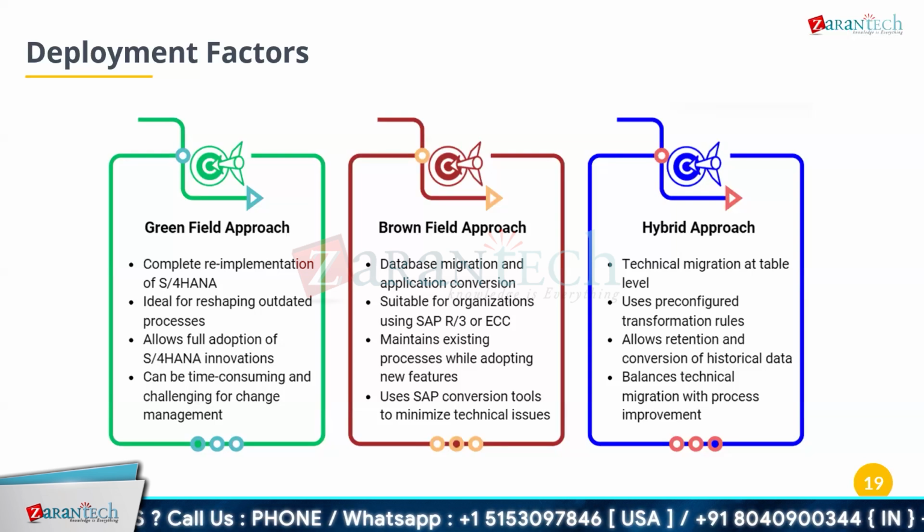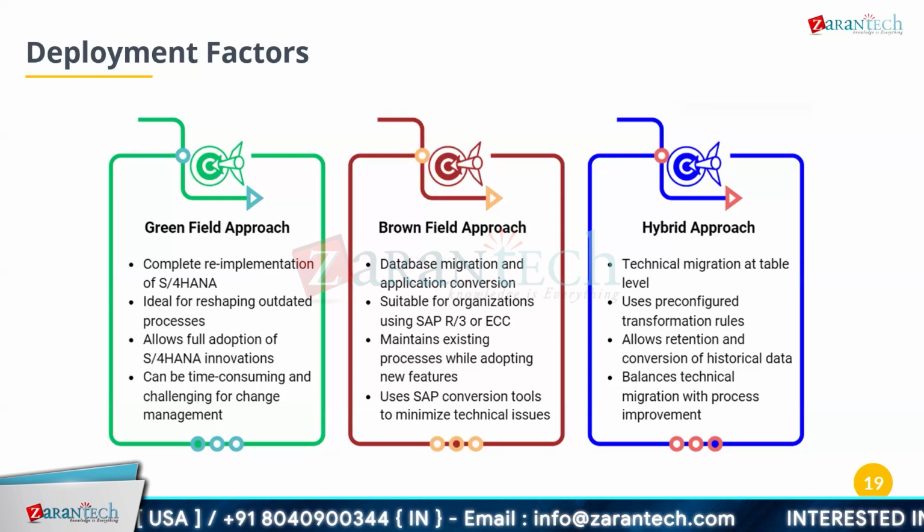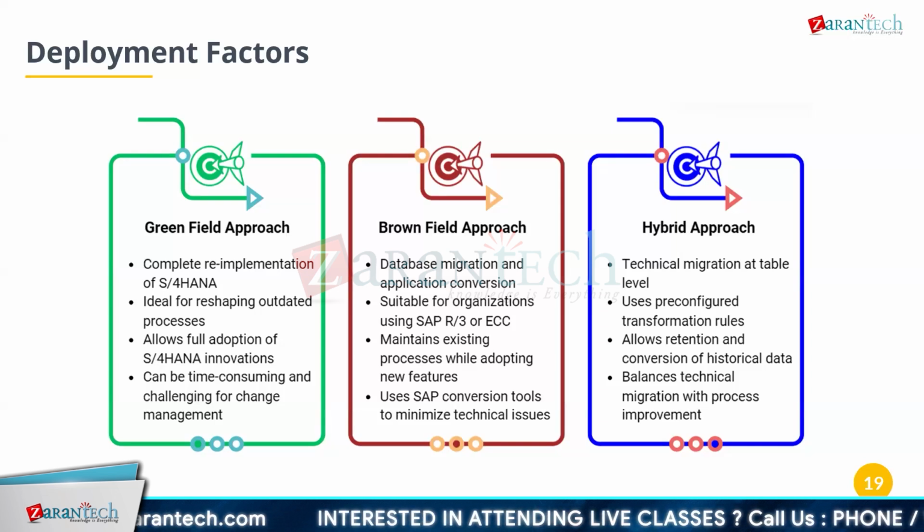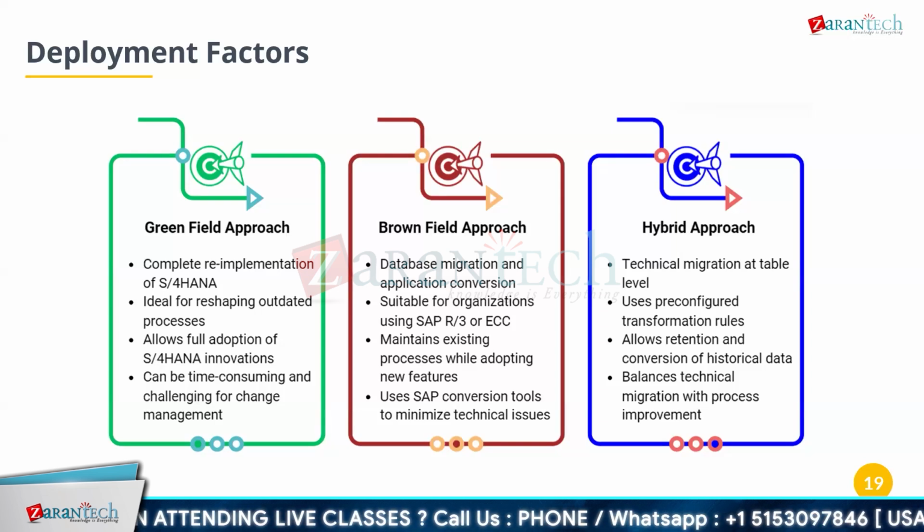Or you can go with the CDS views. So you have multiple options. Let's assume there is a 100% standard SAP ECC, no customization done, moving to S4. Isn't SAP capable of handling that at the click of a button?